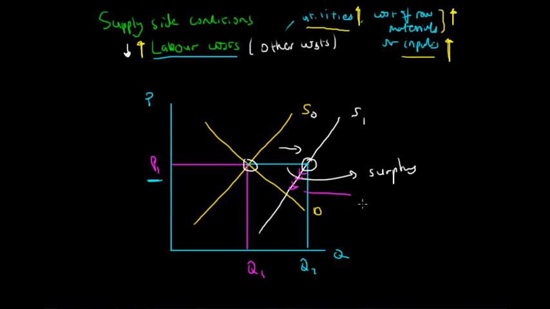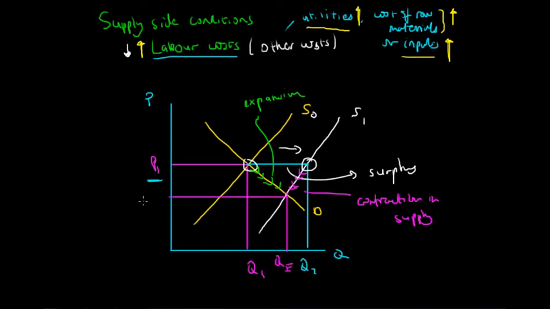And this will represent also a contraction in supply as price falls. And as the price falls, the demand will experience an expansion. And so a new equilibrium is reached at QE and also at PE.